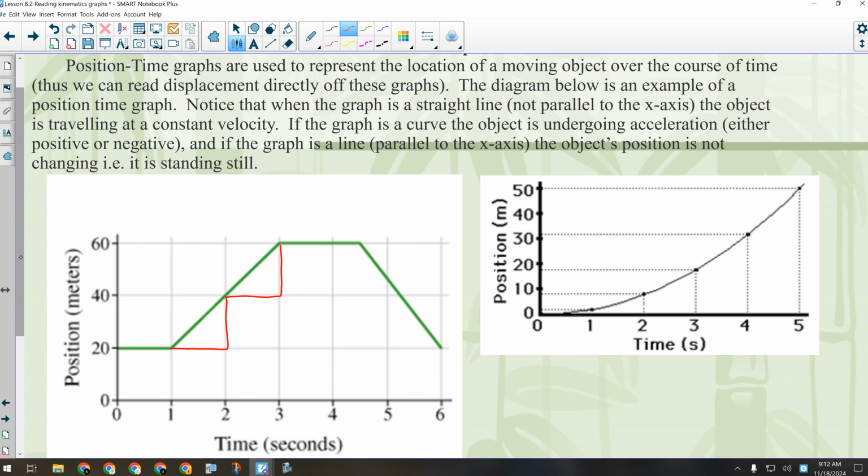This is a formula we haven't talked about very much, but we can calculate displacement by doing exactly that, and we do it on a graph all the time. Displacement is your change in position. So if I take my final position and subtract my initial position, I will get my total displacement. And in this case, that's 20 minus 20, so I get 0.